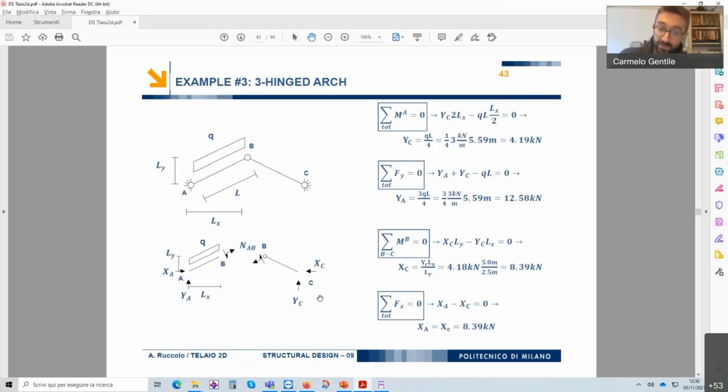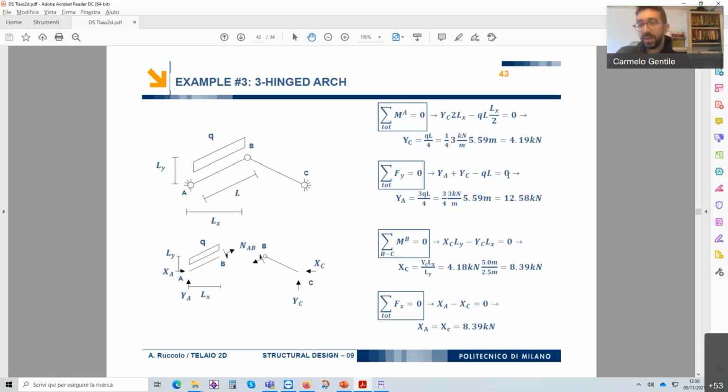Then we know one vertical reaction, so we can directly find the value of the other vertical reaction simply applying the vertical equilibrium. So the equilibrium of all the forces of the structure in the y direction equal to 0. We have Ya, we have Yc, and we know its value now, and we have the external load.